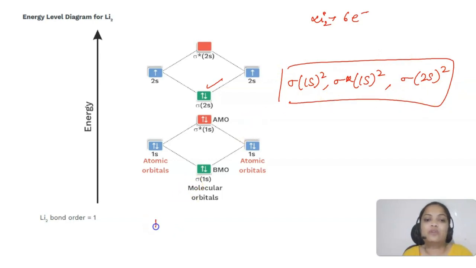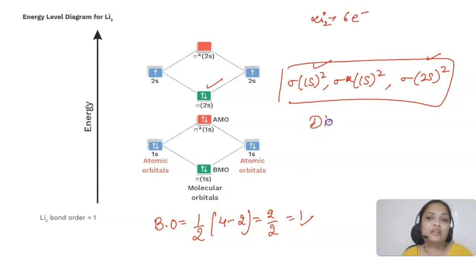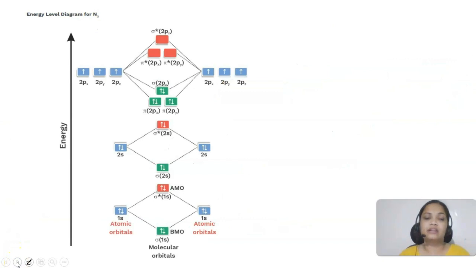And same, you can find out the bond order, half into how many electrons in bonding? 4, and anti-bonding में 2. So 2 by 2, it's 1. So bond order is 1 and it's also a diamagnetic molecule because all the electrons are paired. Okay. So that's why I'm discussing with you every example so that you can understand it in detail.